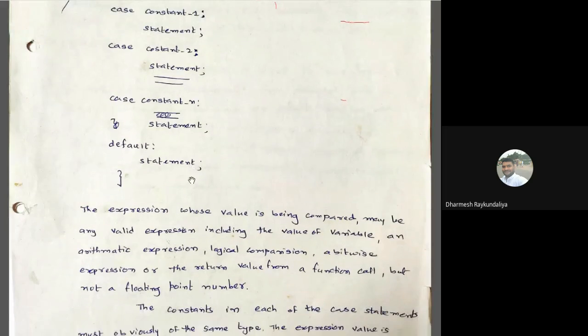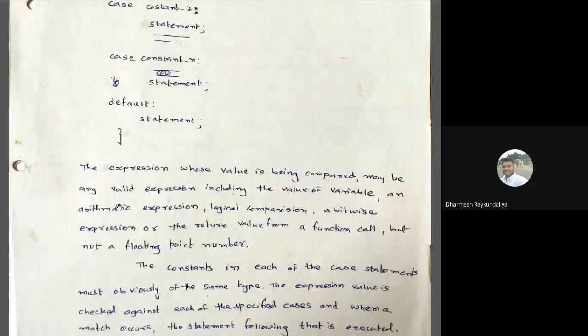The expression whose value is being compared may be any valid expression, including the value of variables, an arithmetic expression, a logical comparison, a bitwise expression, or the return value from a function call, but not a floating point number. So you are talking about this expression. This expression is either a value of some operations, or it may be the result of a logical comparison.